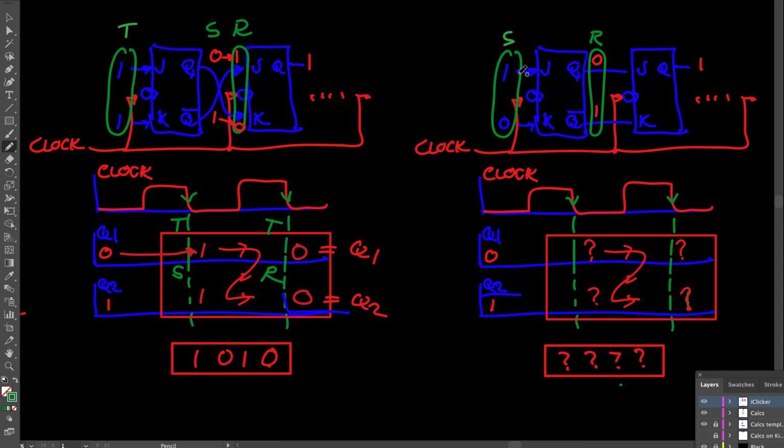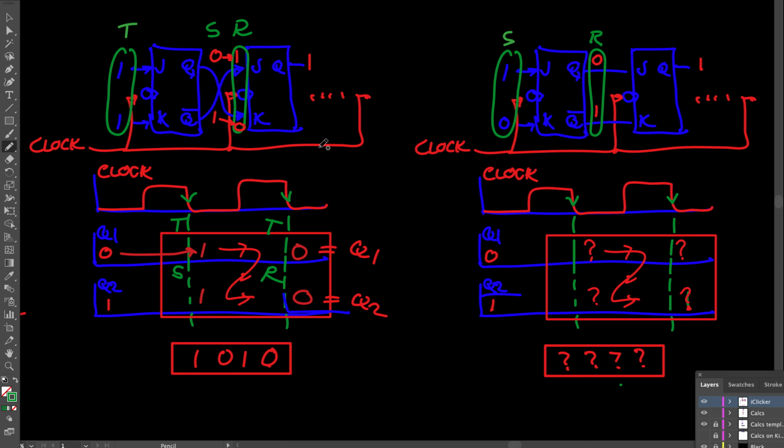Now, we are going to change the problem, though. The input is going to be a set condition here, and the input to the second flip-flop is going to be a reset condition. Now notice this reset here and this reset are the opposite because of the crisscrossing of the lines. So what I'd like you to do now is to complete the 4 values that should be in this table in a similar manner that you saw over here.